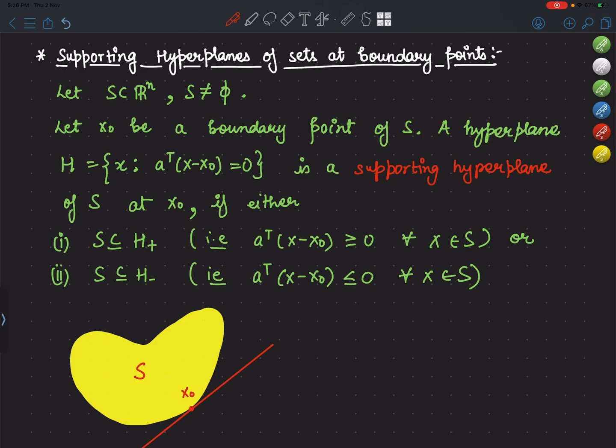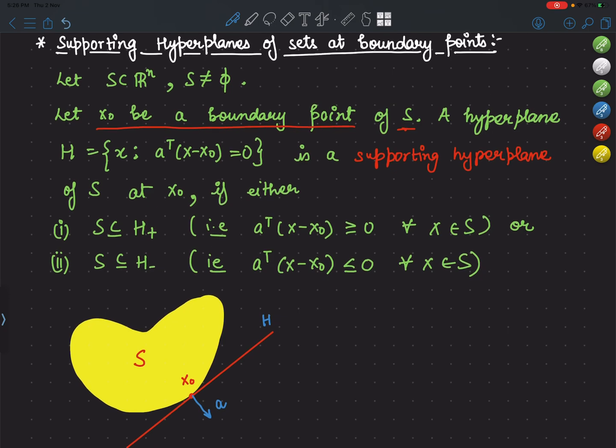S need not be convex here, as you can see. And X naught is a boundary point of S, and a hyperplane A transpose (X minus X naught). So basically if this is the normal here and this is H, then this is a supporting hyperplane if either the set S lies entirely on one side of the hyperplane or the other side. Like this hyperplane should not cut the space.